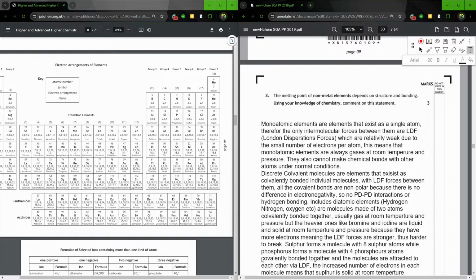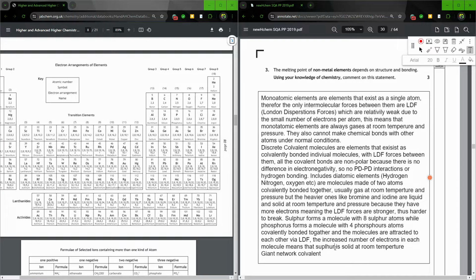It might not be entirely grammatically correct, but you know what? You're not watching an English channel, you're watching a chemistry channel. So here we are. Sulfur and phosphorus are solid at room temperature. So then we just got to talk about network covalents.